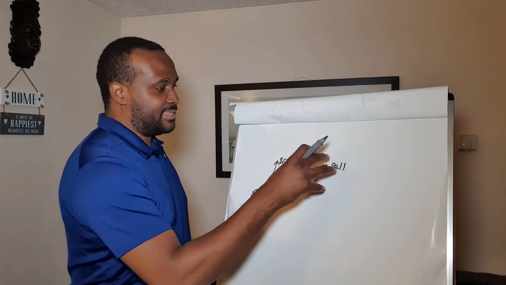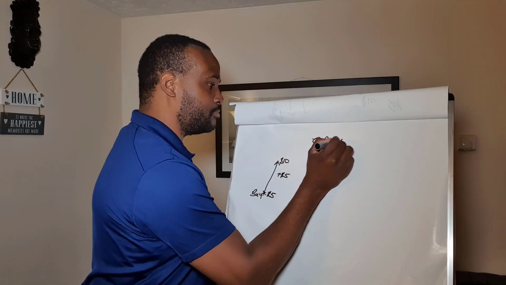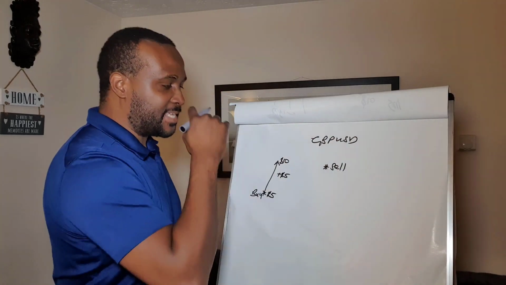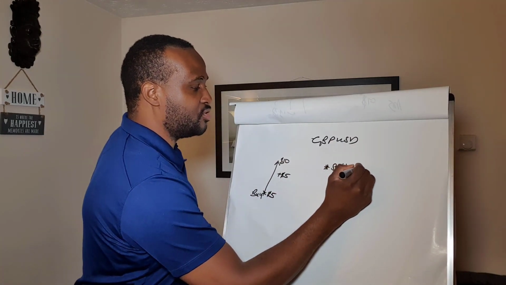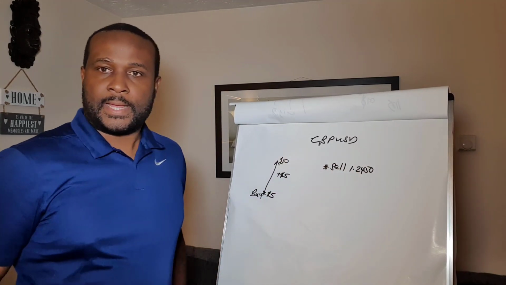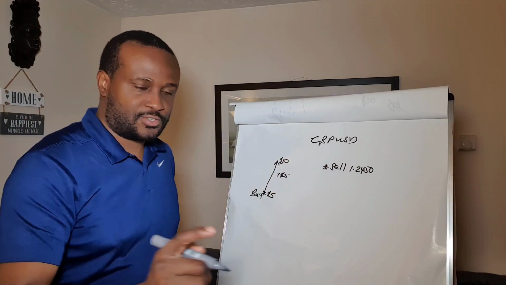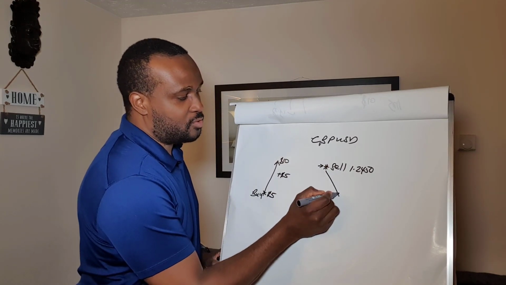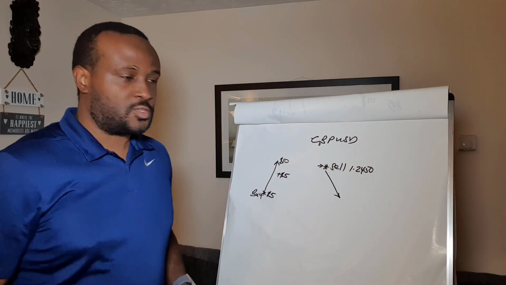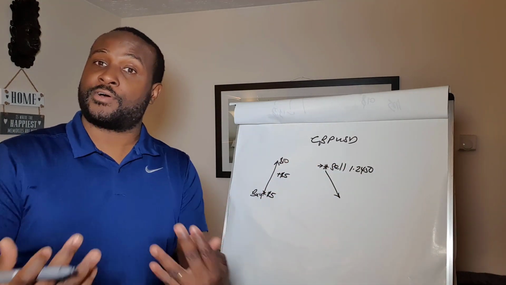But let's say I decide to sell GBP USD, and let's just assume that it is at that time 1.2450. My expectation for a sell trade is that at the moment I choose to sell, price will go down. So anything lower than 1.2450 is a good thing for me.